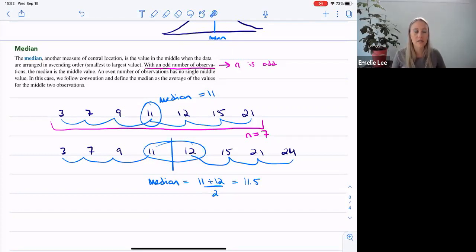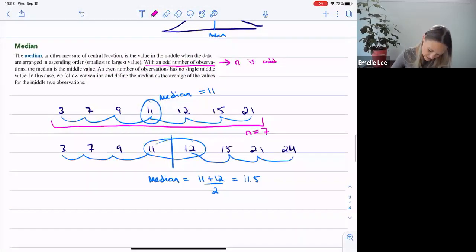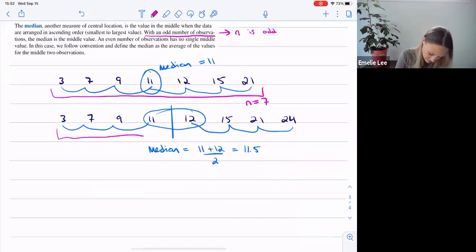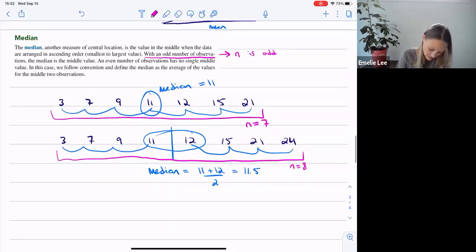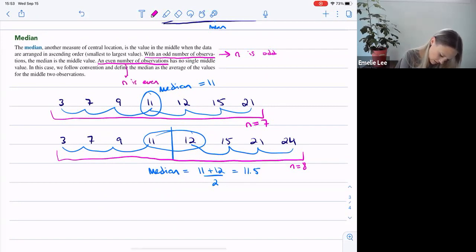I know it's come up before, so I'm just making mention of it. Just to highlight here, n equals 8. This is if n is even.